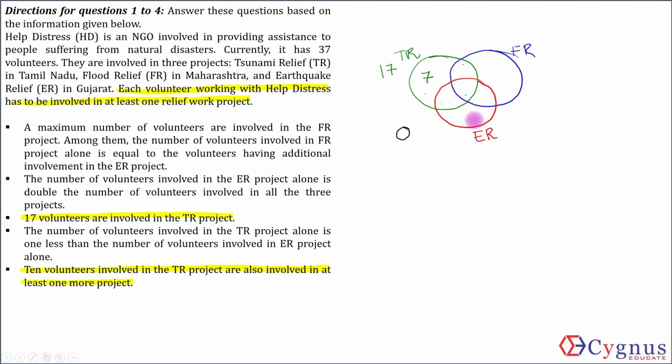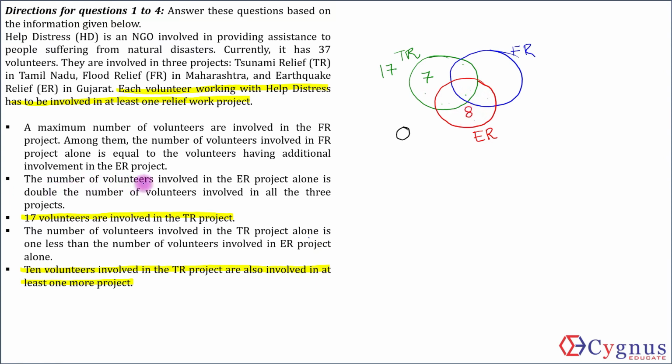Now I have a lot of information to work with. Let's go ahead. The number of volunteers involved in the TR project alone is 1 less than the number of volunteers involved in ER project alone. It's talking about TR project alone and ER project alone, and it says the number of volunteers in TR alone is 1 less than number of volunteers in ER alone, which means the number of volunteers in ER should be 8.